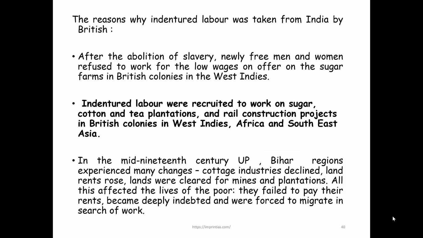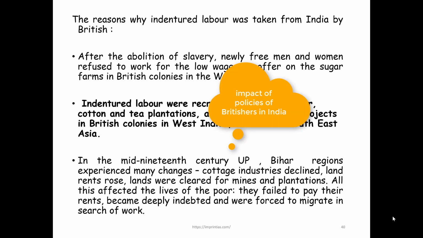On the other hand, the commercialization of agriculture in India had destroyed the class of agriculturists, as well as the cottage industry, which was destroyed by the British. UP, Bihar regions, Dhaka, Murshidabad, Kanpur, etc. Typically, what happened was they failed to pay their land revenue and became deeply indebted, and they were forced to migrate.